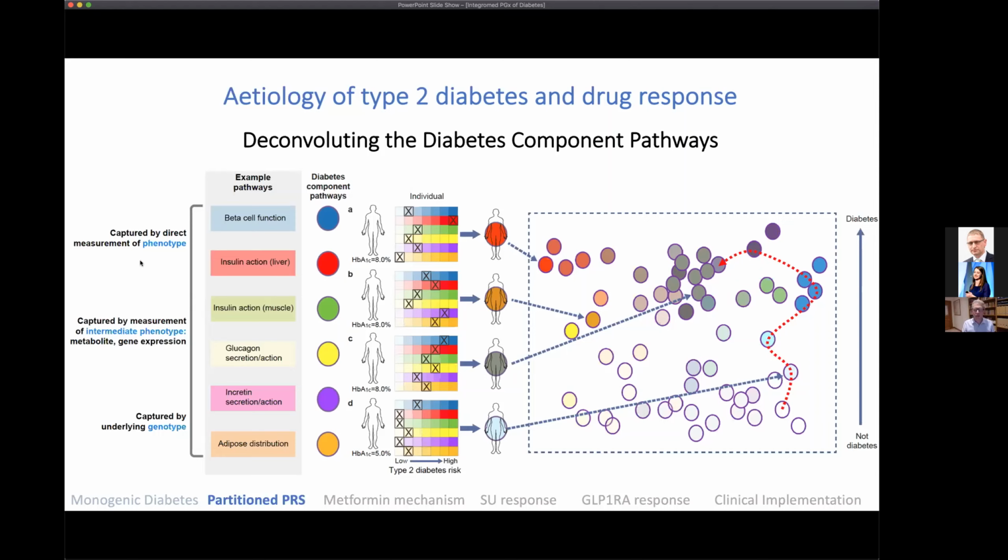And that has been shown to be very helpful. And there's a whole talk I could give around the phenotypic subtyping of diabetes. You could look at intermediate measures like metabolites and gene expression, or you could look at the genotype. And I'm just going to focus on the genotype and what we could do with that to tease out these different etiologies.